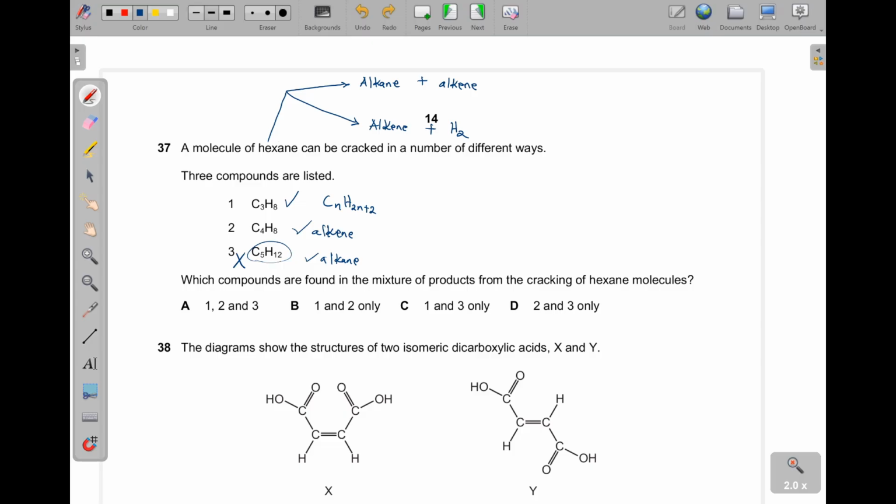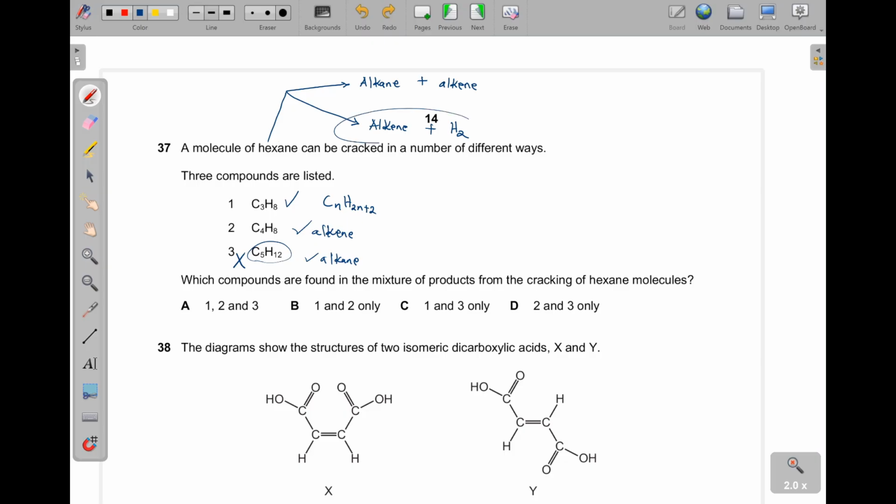You get it? So therefore, I can form a propane and then another alkene, you see? And then I can form this butene, whether it is but-2-ene or but-1-ene, that's an alkene, and another alkene and then hydrogen, okay?